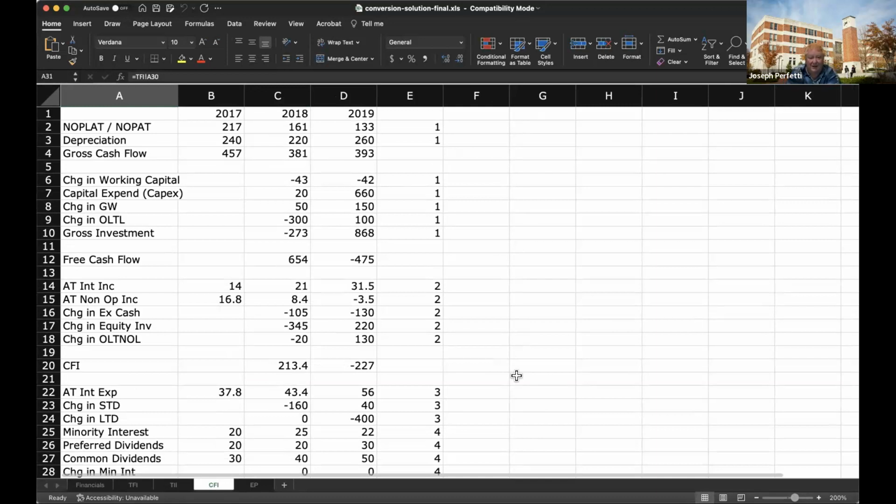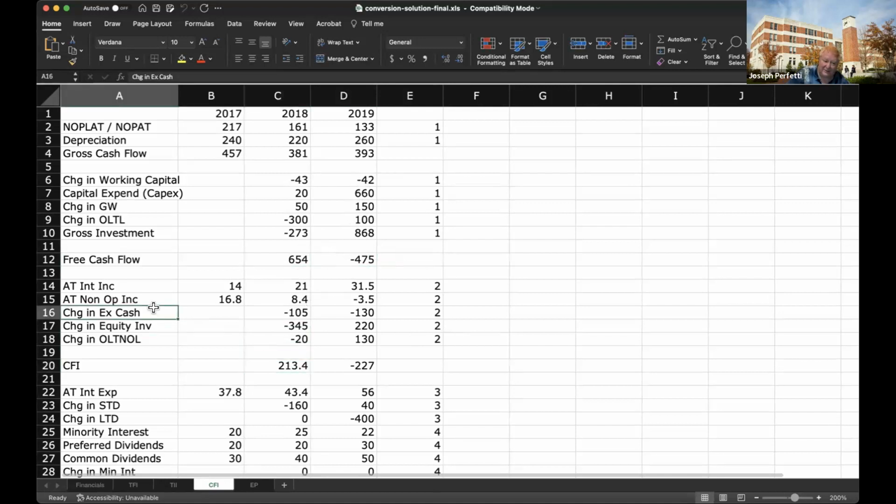And gross investment is change in operating invested capital plus depreciation. Essentially that is your free cash flow. That was the shortcut I gave you, but this is the detail you can see here. Free cash flow plus non-operating cash flow equals CFI.